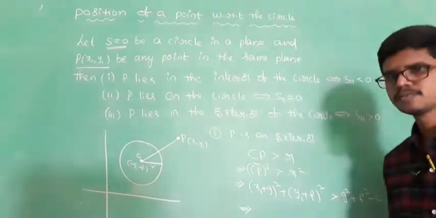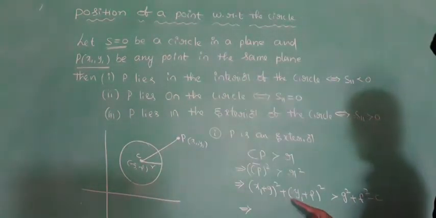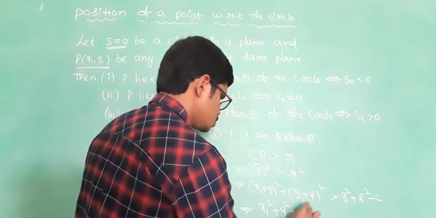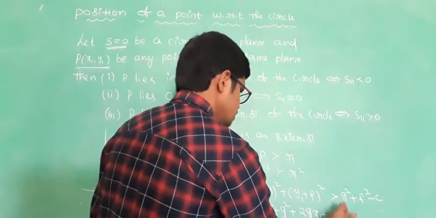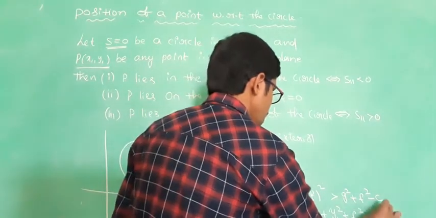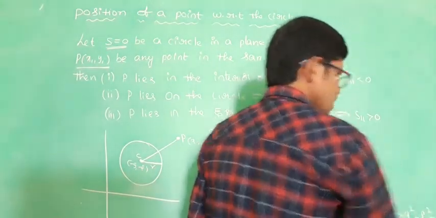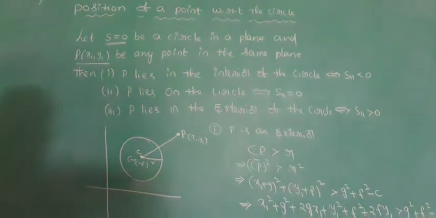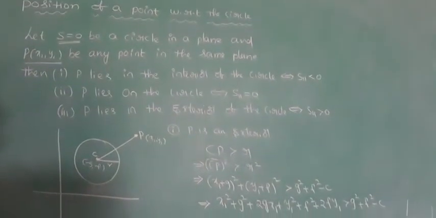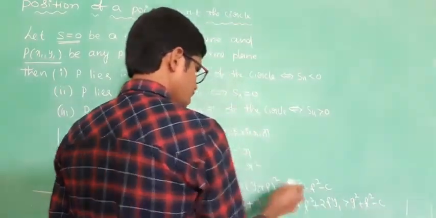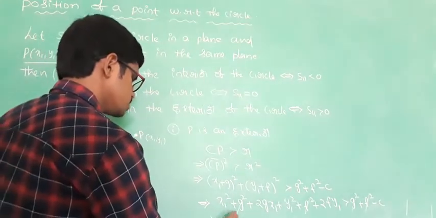x1² + y1² + g² + f²: (x1 + g)² is x1² + g² + 2gx1, and (y1 + f)² is y1² + f² + 2fy1, which is greater than g² + f² − c. Here g² and g², f² and f² get cancelled.